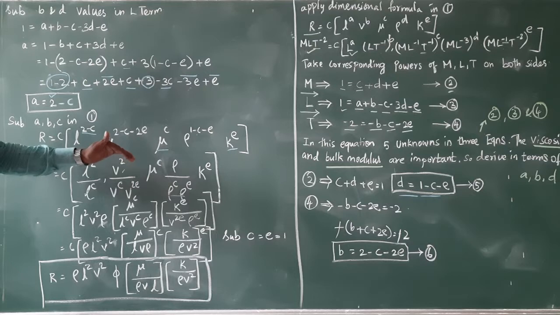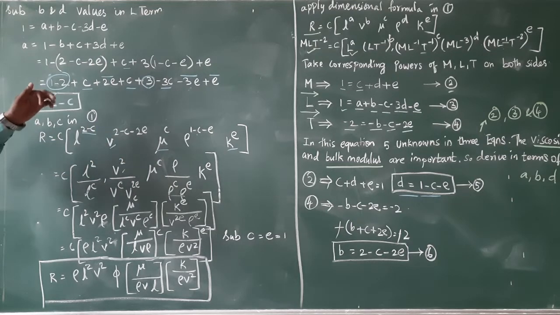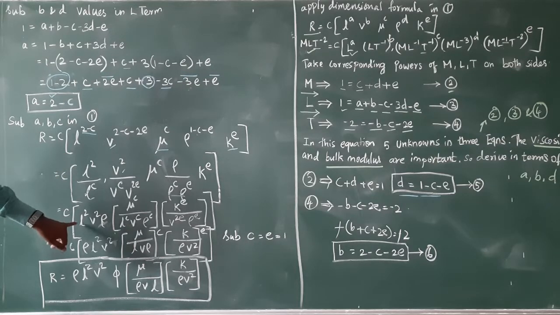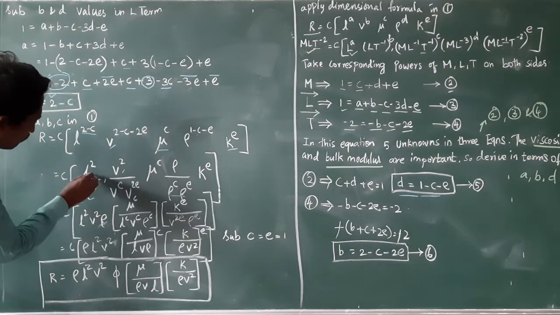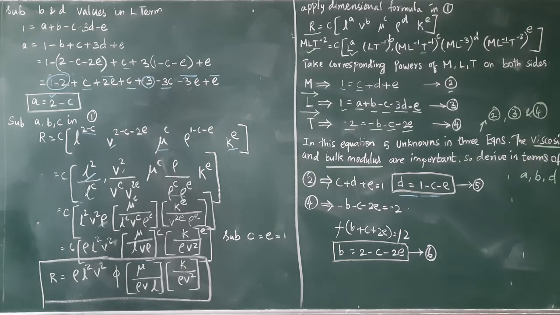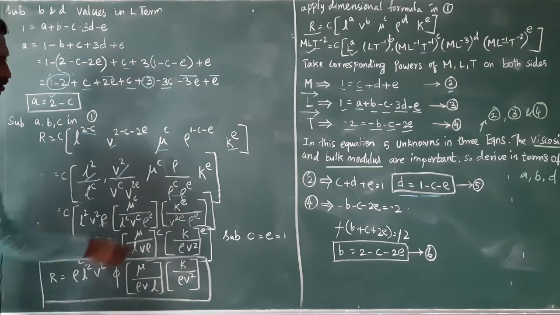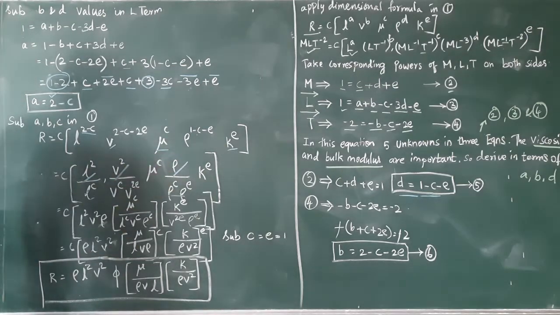I am taking the constants outside. Constants in the sense that those variables cannot have the powers A, B, C, D, E. Here the L term doesn't have a power, V square doesn't have, and rho doesn't have a power.